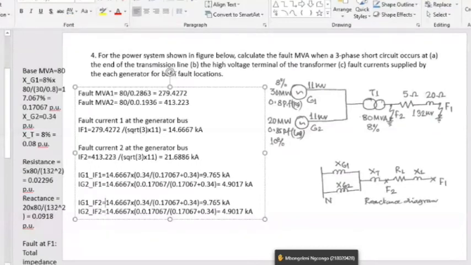So fault 2 was giving a fault current of how much? 21.6886, and all other things will remain the same. Still generator 1 and generator 2. We just need to find out the values here.